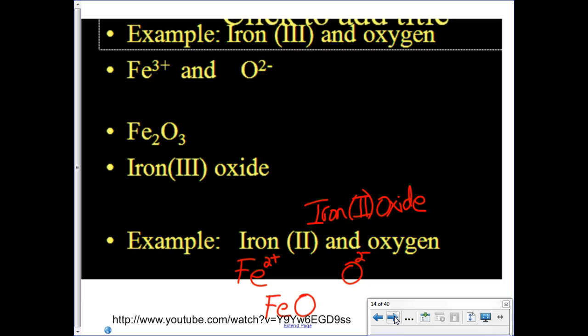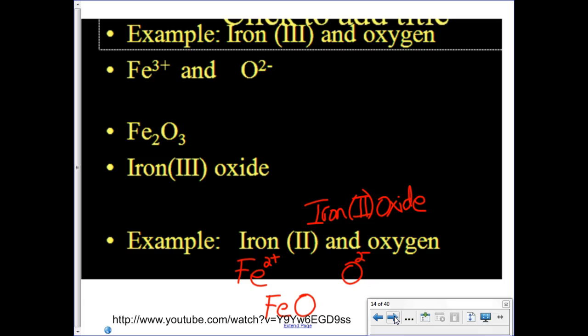We know oxygen being in group 6A carries a negative 2 charge. And so again, if you crisscross the charges down, we get Fe2O3.